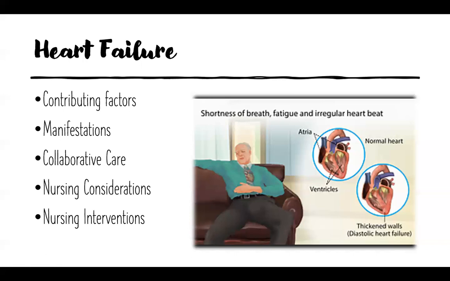So when we think about heart failure, the pharmacological therapy that they can receive could range from ACE inhibitors, hydralazine and nitrates, your ARBs, your angiotensin receptor blockers, your beta blockers, your calcium channel blockers, your diuretics, digitalis, also digoxin, IV nesiritide, IV dobutamine, right?